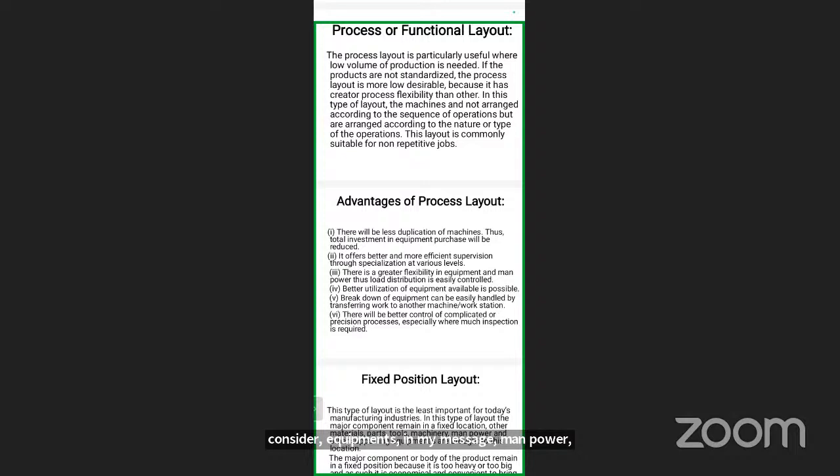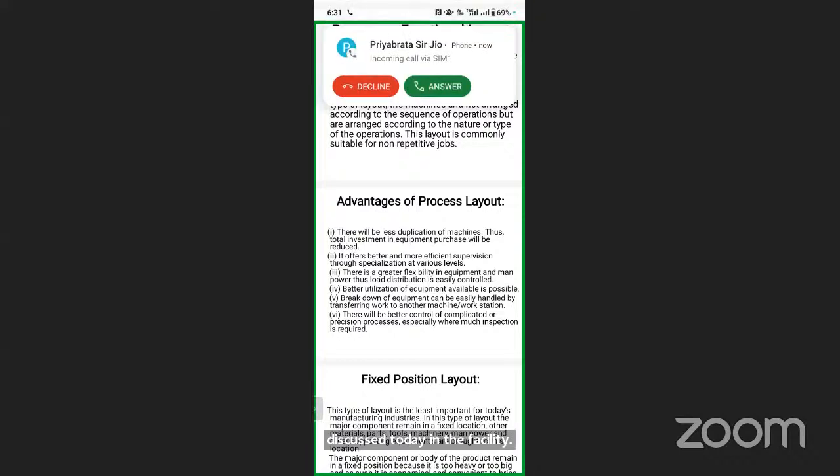Okay, these are the two types of layout, product layout and process layout. What were the topics discussed today? Facility location. Then what are the factors affecting facility location?